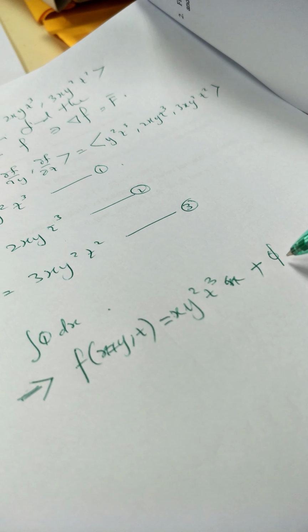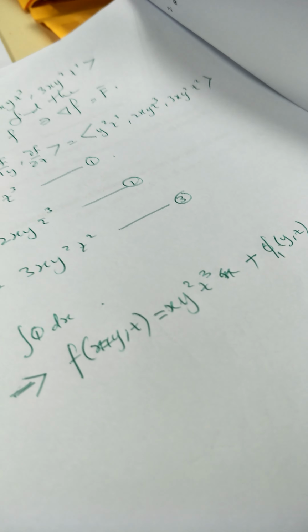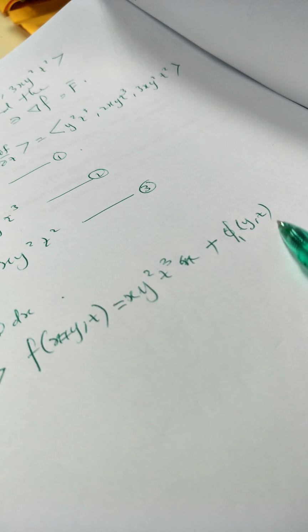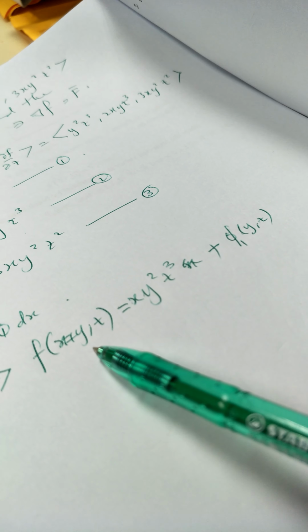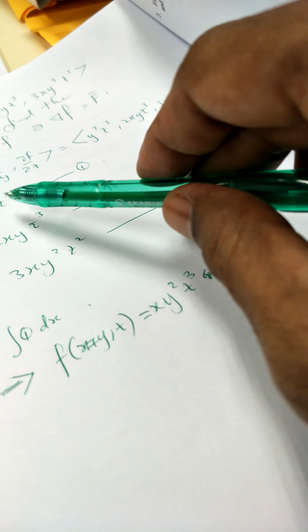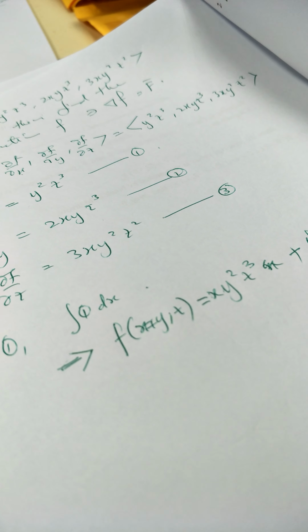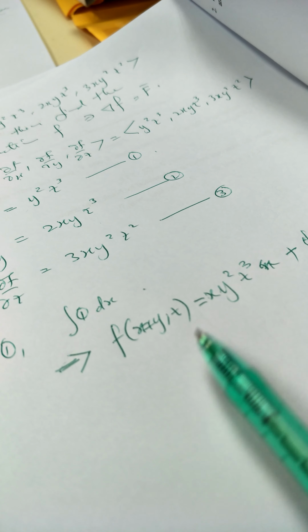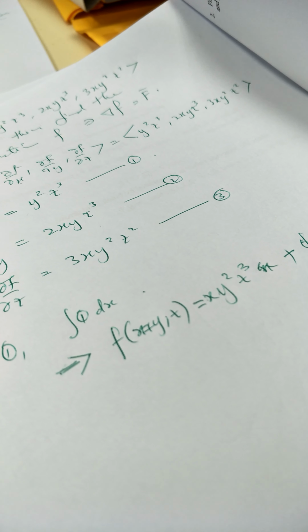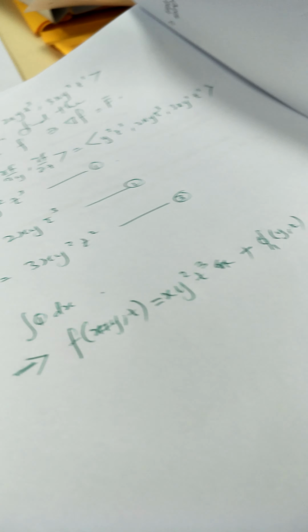Let's call that function phi 1, a function of y and z. Why do we have yz here? Because if we differentiate this with respect to x, it gives you 0, so we would have the same function again. You cannot make it a constant, because this is a function of 3 variables; yz is free of x.